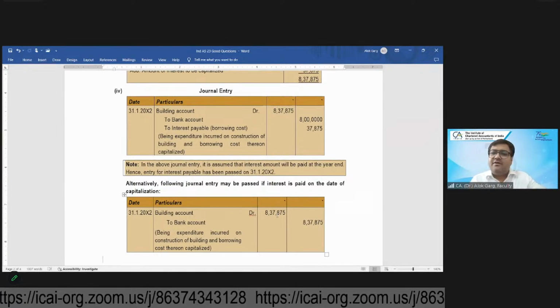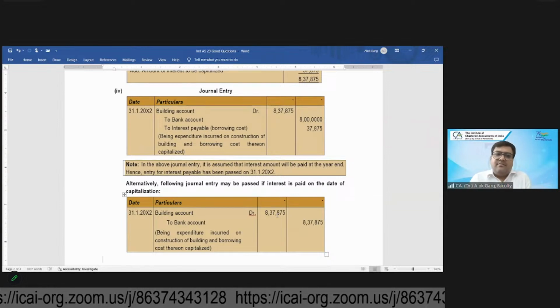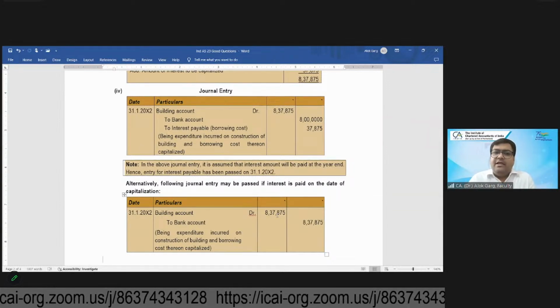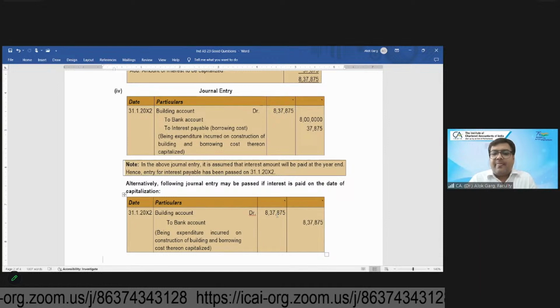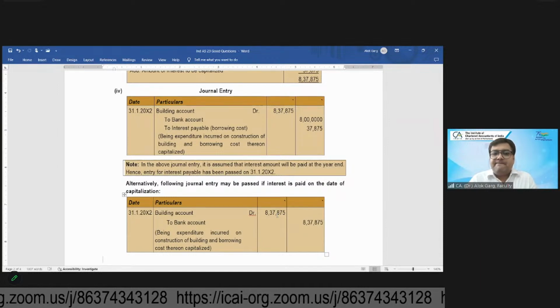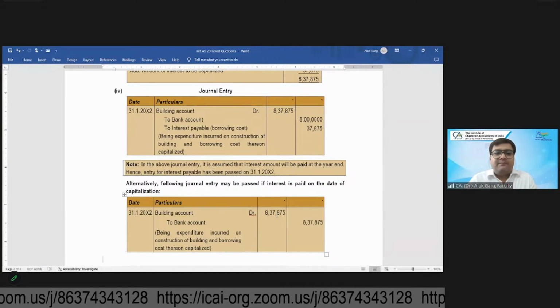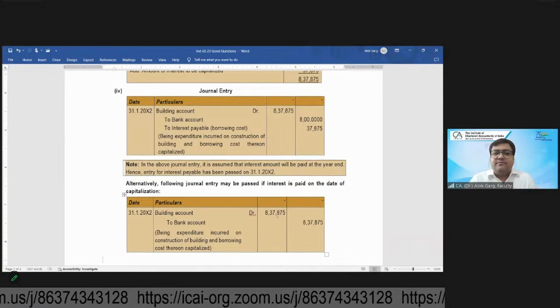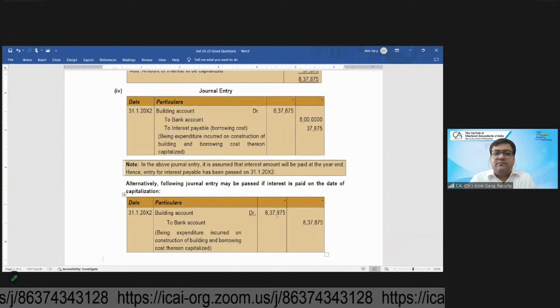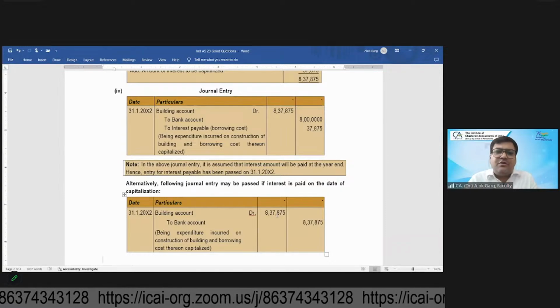Any question in this question? Any question in this question? Abrakesh and Viraj, Rahul. Any question on Ind AS 23?